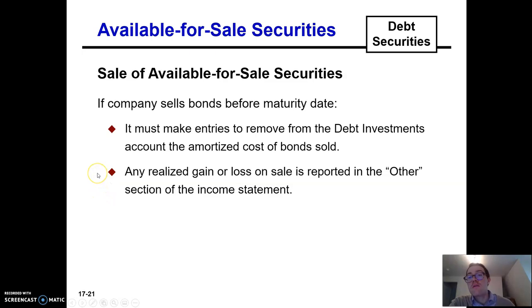Okay, and then if you sell an available for sale security before the maturity date, you just make the entries to remove the debt investment account. And at that point, you'll have a realized gain or loss, it won't be unrealized, and that will go in your income statement under the other category.